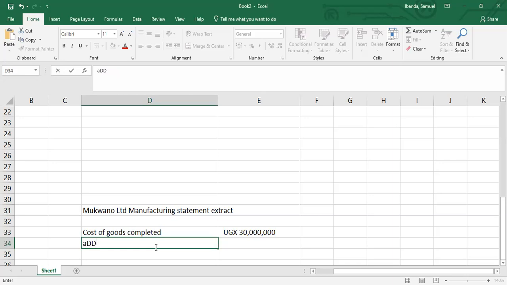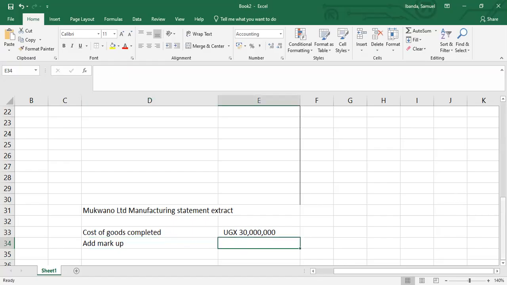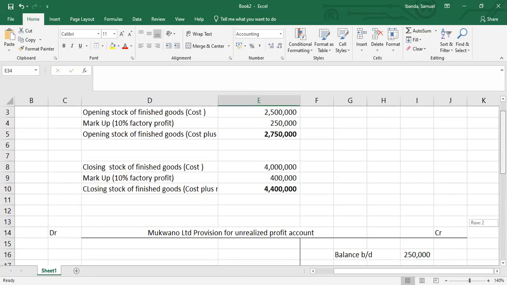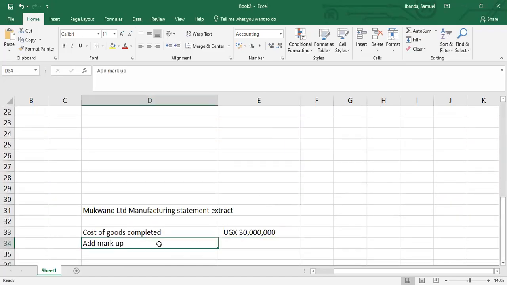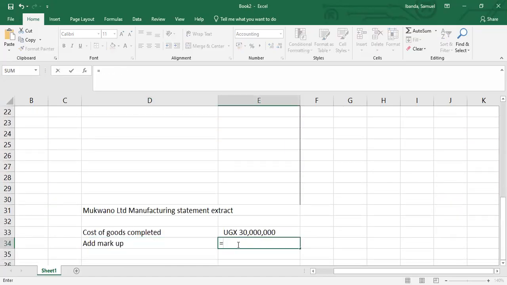And then we shall add a markup. Remember, our markup is 10%, just like the way we had up here. That markup is our factory profit. So this will be this value multiplied by 0.1. Sorry, because it has UGX, let me just remove the UGX and put it up here. So it gets me to 3 million.